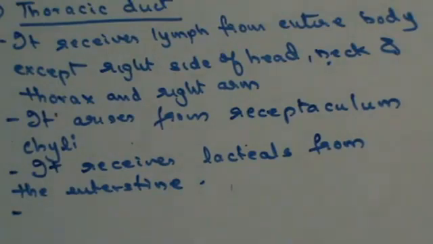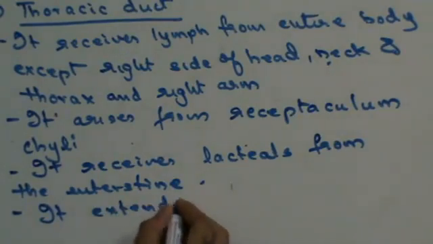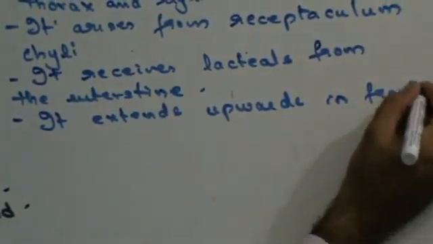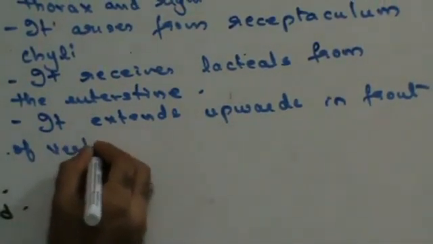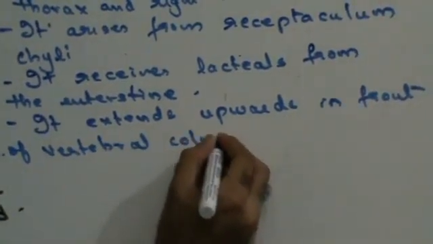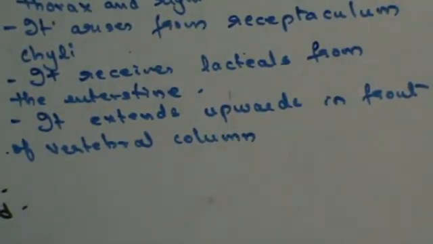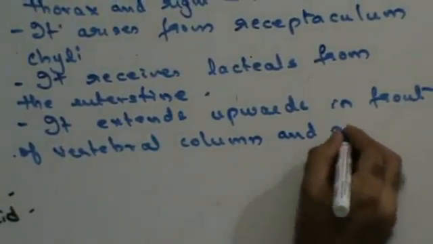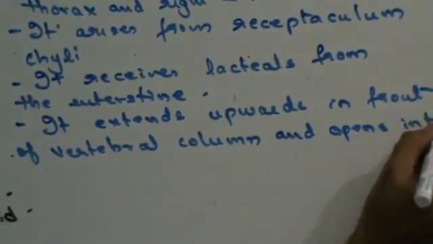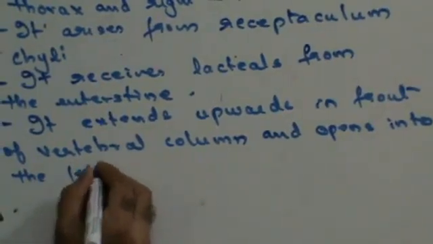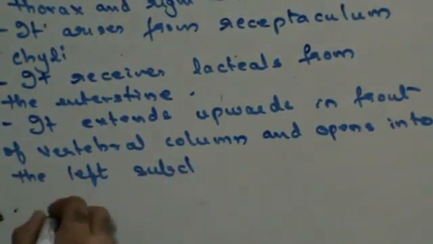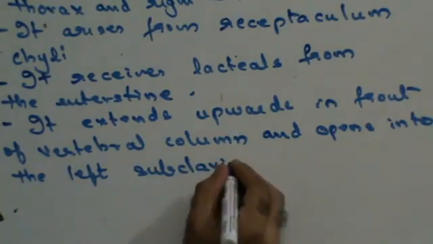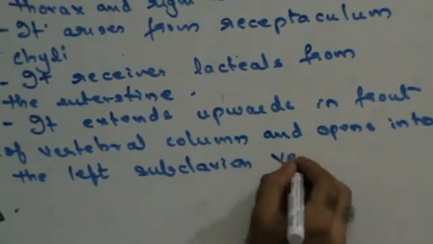It extends upwards in front of the vertebral column and opens into the left subclavian vein.